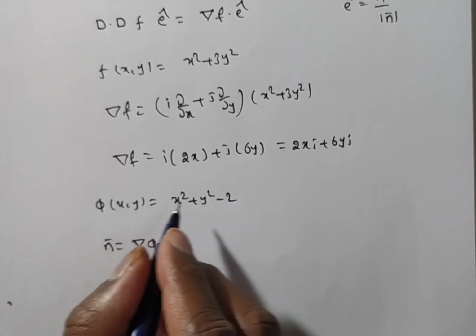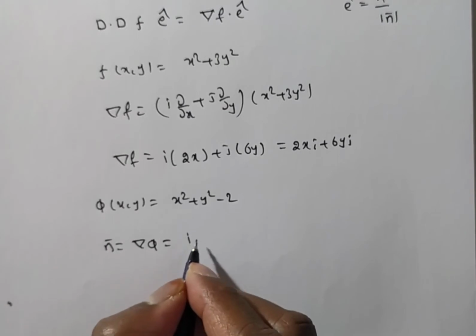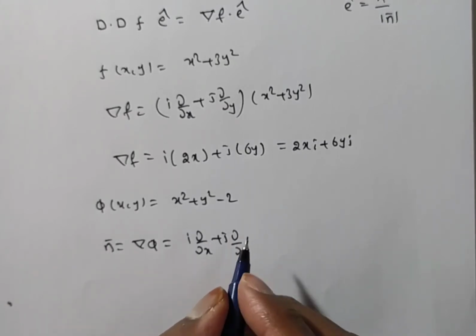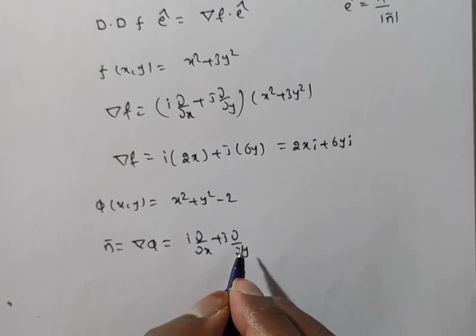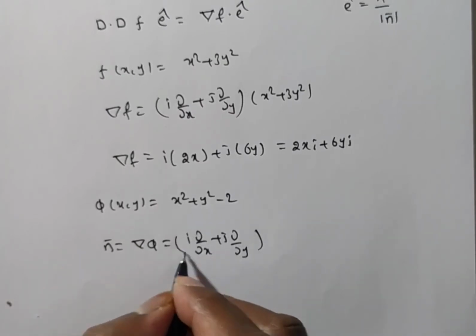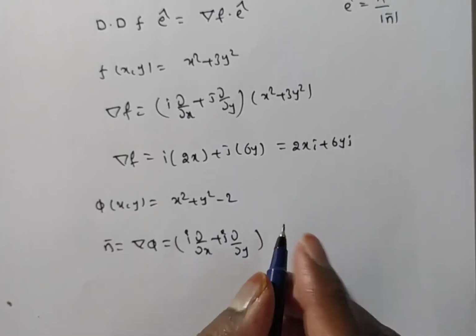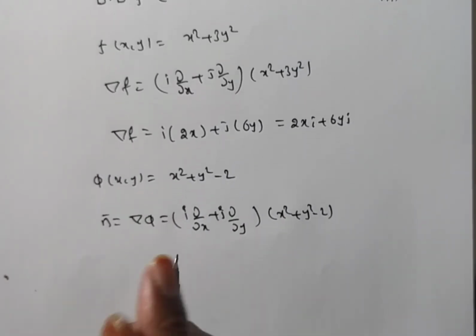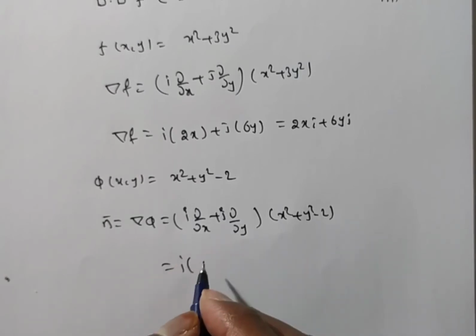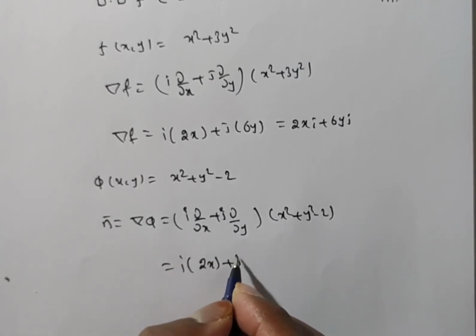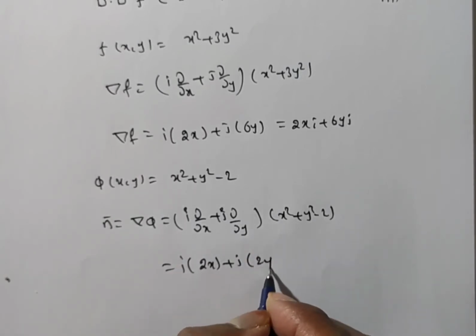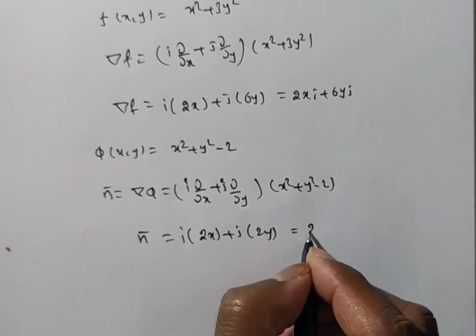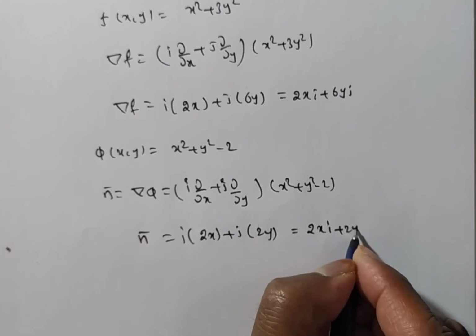This is normal to the circle. Now this is i into dou by dou x plus j into dou by dou y. Generally plus k into dou by dou z we will write, but this is in two dimensional space. So for x square plus y square minus 2 we have i into, with respect to x, 2x, plus j times, with respect to y, 2y. So n bar is equal to 2x i plus 2y j.